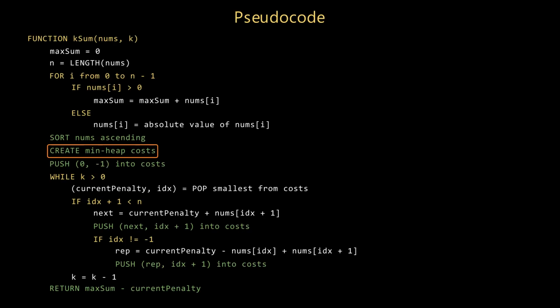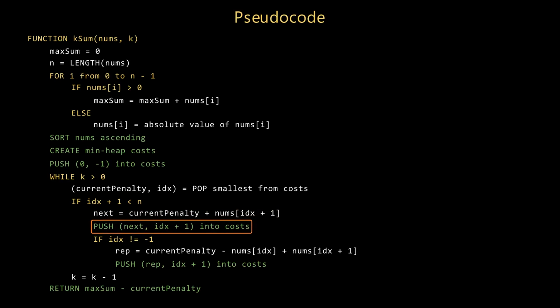Create an empty min heap named costs. Push the seed state, penalty 0 at index -1. While k is greater than 0, pop the smallest penalty index pair from costs. If a next index exists, compute the include penalty, current penalty plus nums at idx plus 1.